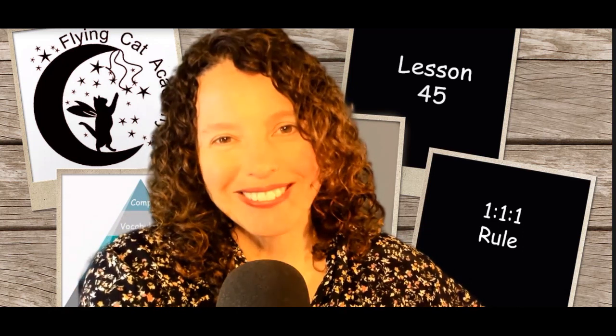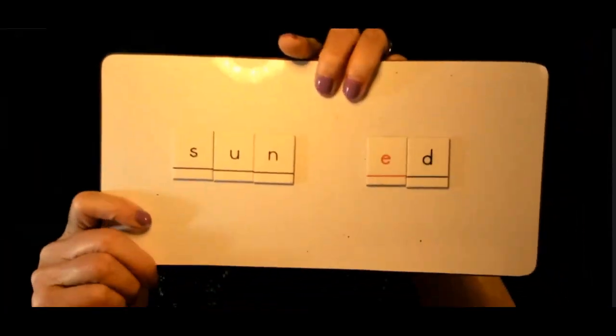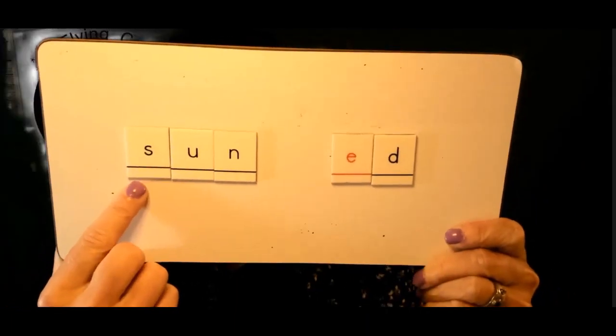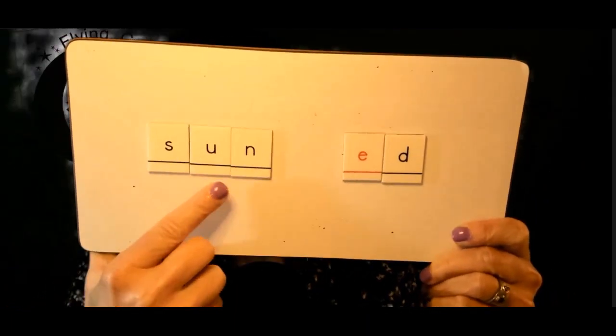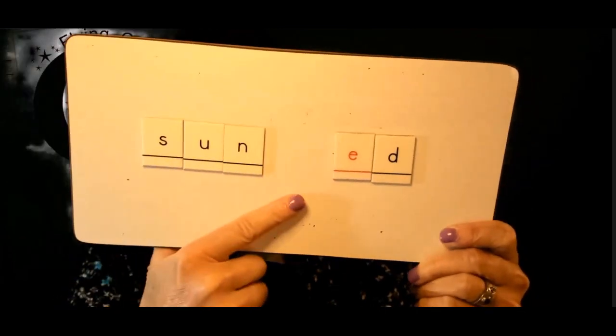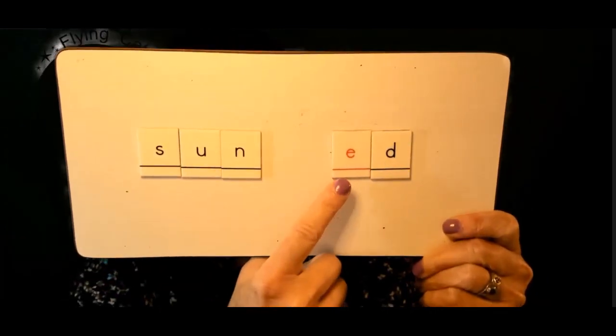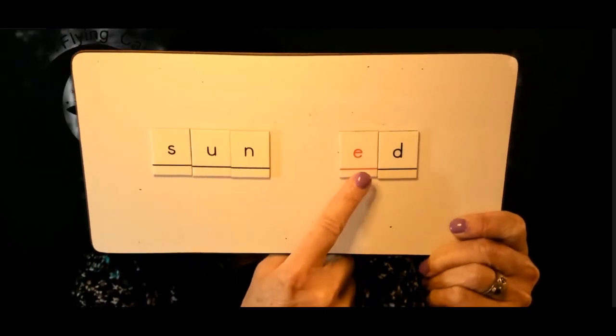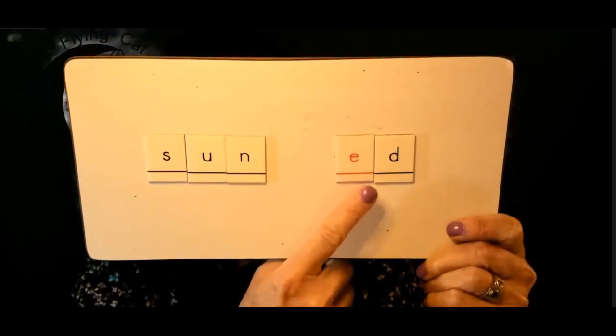In the new content part of the lesson, we learned about a new rule. This is called the 1-1-1 rule. And it's a rule that we use when we're adding suffixes onto closed syllables. So let's tap this word and say it. Sun. And I would like to add an ending ed, sunned. So this is a suffix that starts with a vowel.